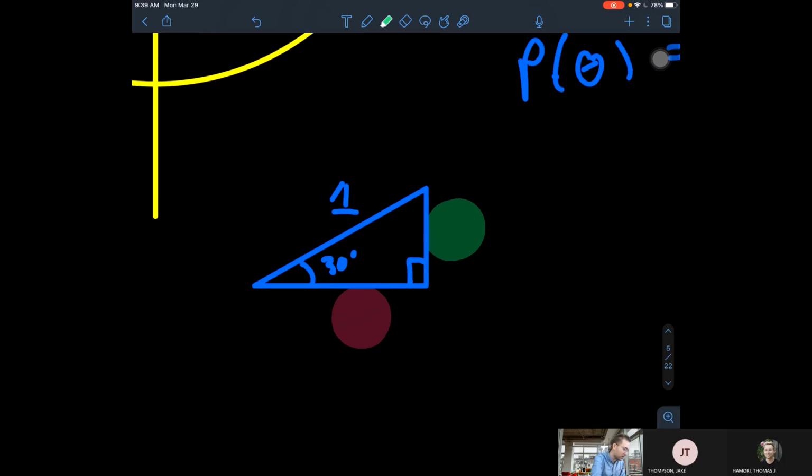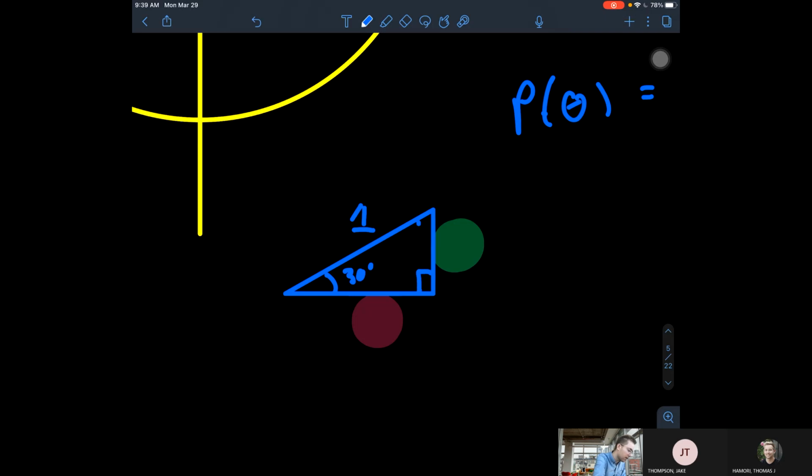That's right. The 60 is going to go in here. It's going to be the angle here. 60 degrees is on the inside. Okay, so I have a triangle. One angle is 30, one angle is 60, and one angle is 90.